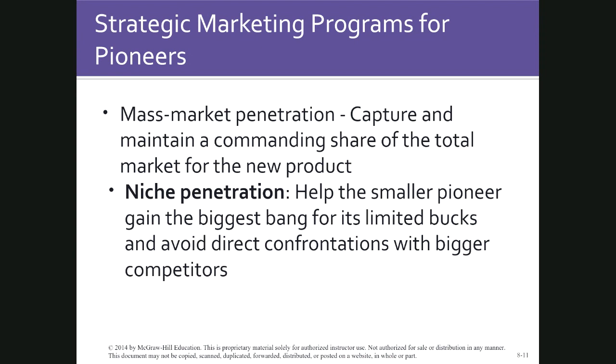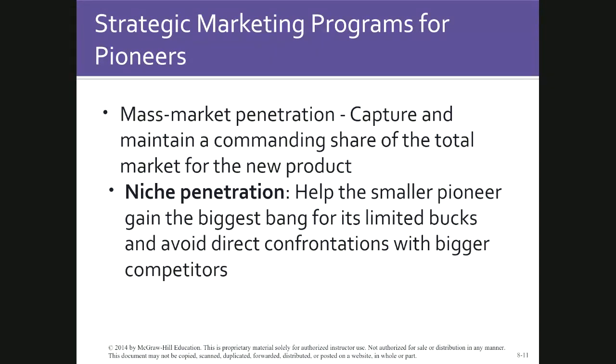So we could be a first mover on that deal, even though there are airlines, we'd have to come up with an angle. Like just local examples, but think of Walmart as a mass marketer versus a niche penetration. So a lot of pioneers might want to avoid the big boys.